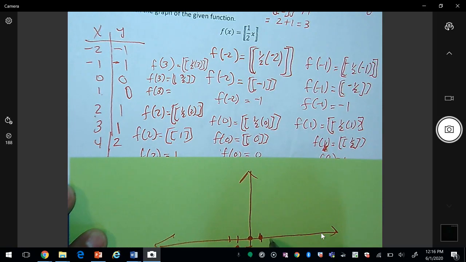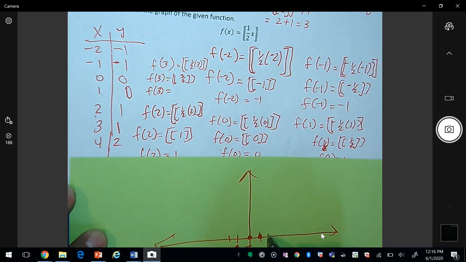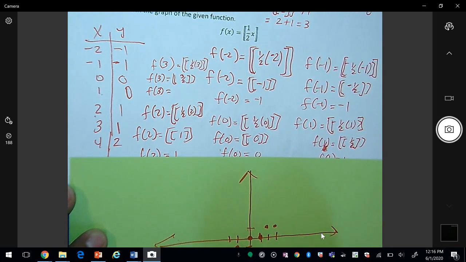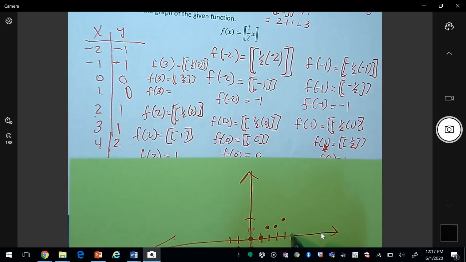Then we have 2 and 1, which is right here. And then we have 3 and 1. So you can see your little staircase building up. And then we have 4 and 2. And 5 and 2.